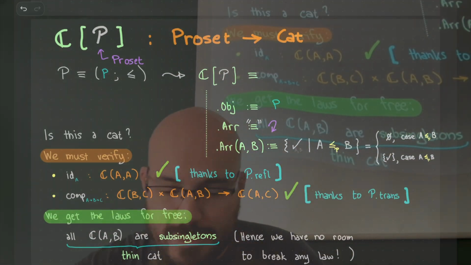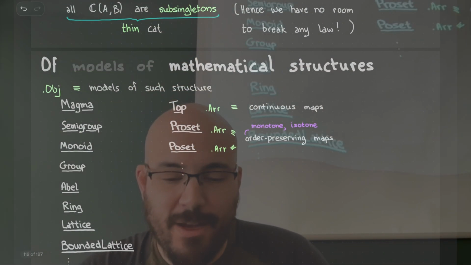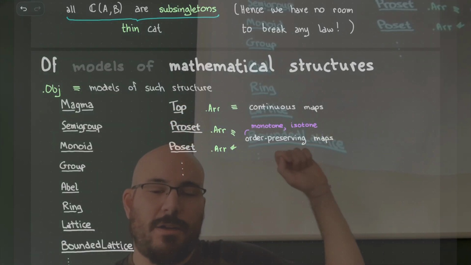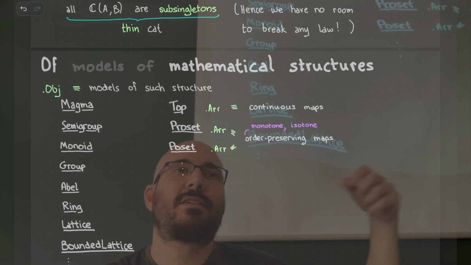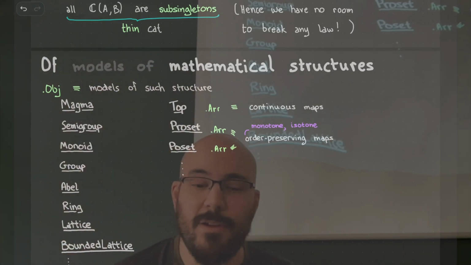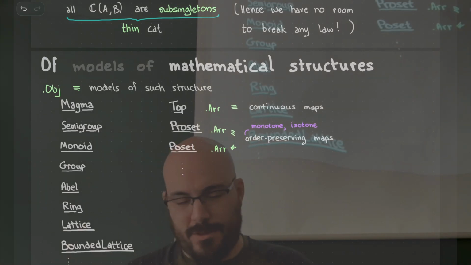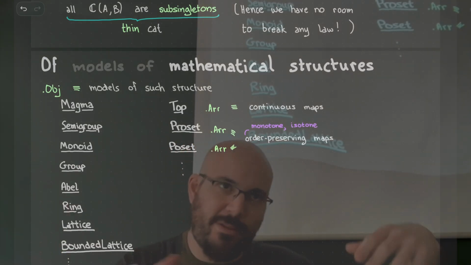So, back to this thing. We also saw a bunch of categories, usually called concrete, where the objects look like sets with extra stuff. In these, usually the arrows are the functions of the underlying sets that respect the extra stuff.